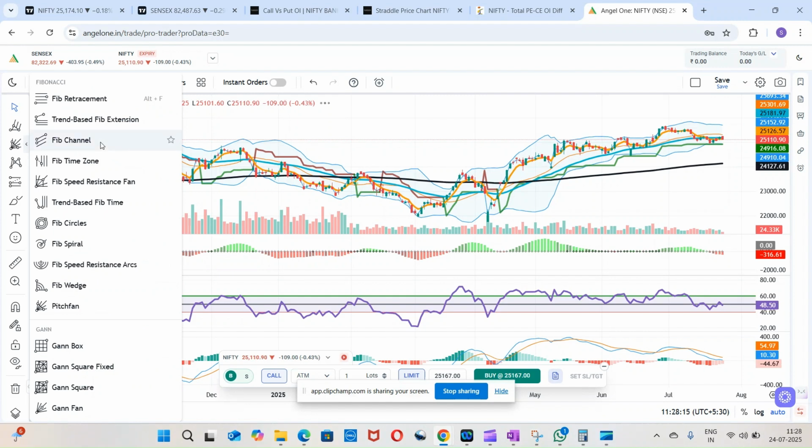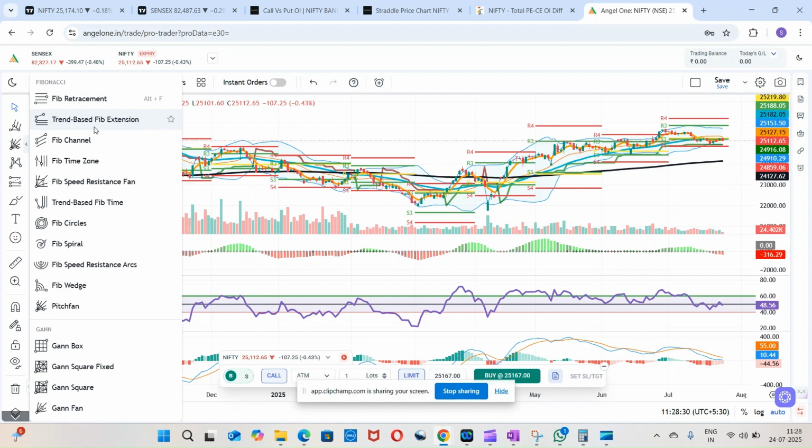Fib retracement and trend-based Fib extension I already discussed in one of the videos. Fib retracement is similar. There's a golden range from 0.38 to 0.6, with 0.5 in between, which allows you to identify whether trend continuation or reversal is happening. Fib extension is for how long this same trend will continue.